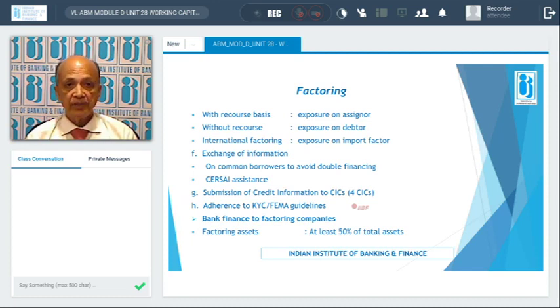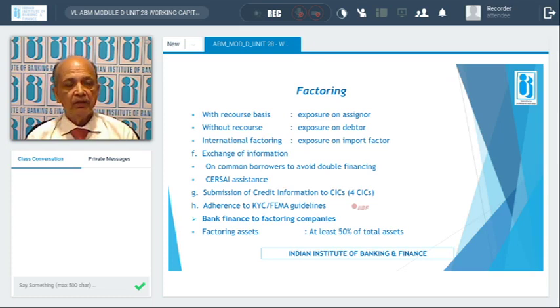But the guidelines say that in that case, the assets considered under factoring should not be less than 50% of the total assets. Total assets mean at least it should be factoring business. Minimum it should be 50%. It should not go below 50%.